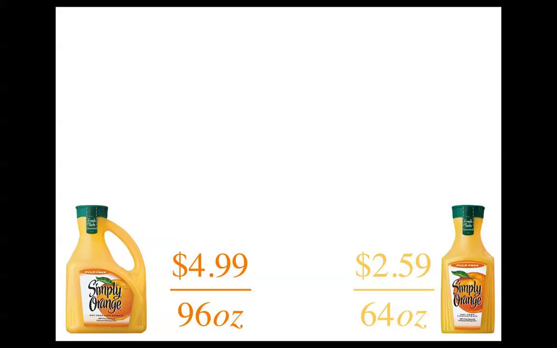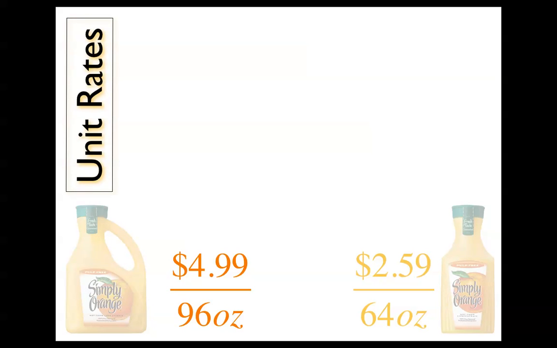I was standing there in front of the orange juice area and I was really confused because I didn't know which one I should buy. I like to drink a lot of orange juice, but I wanted to make sure I was getting the best deal I possibly could. Should I buy the 96 ouncer or the 64 ouncer? Or should I buy a couple of 64 ouncers? What should I do if I wanted to make sure I'm getting the best deal on my orange juice?